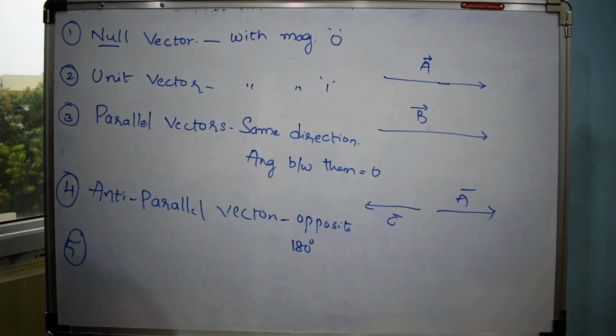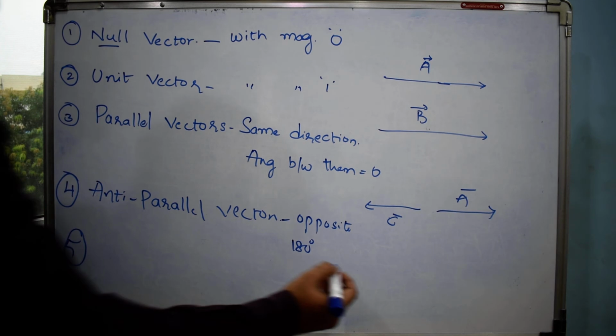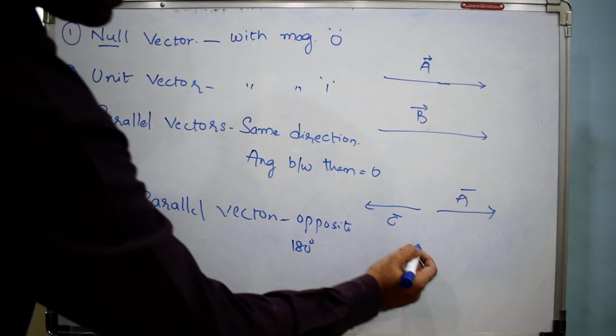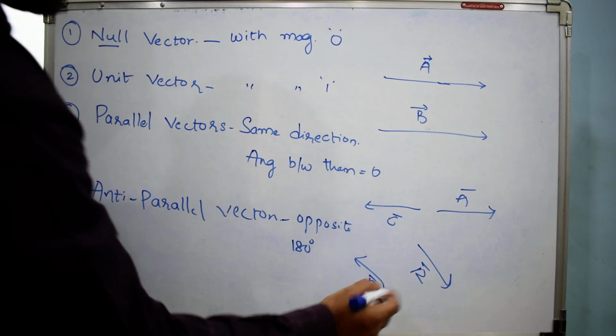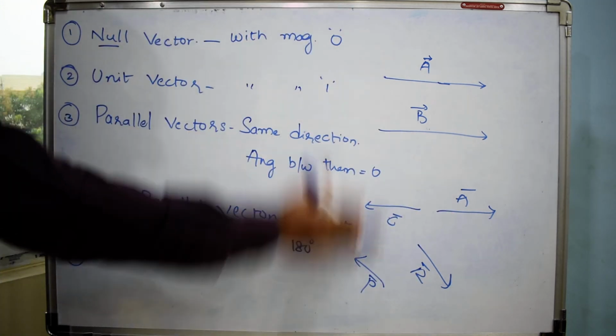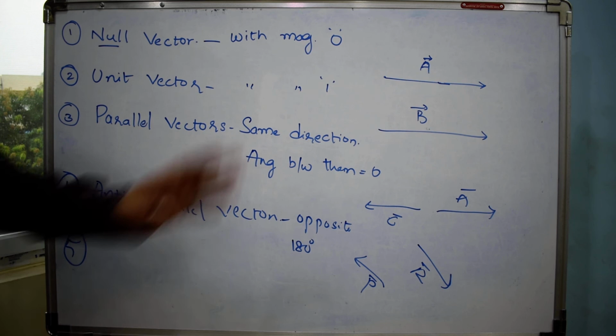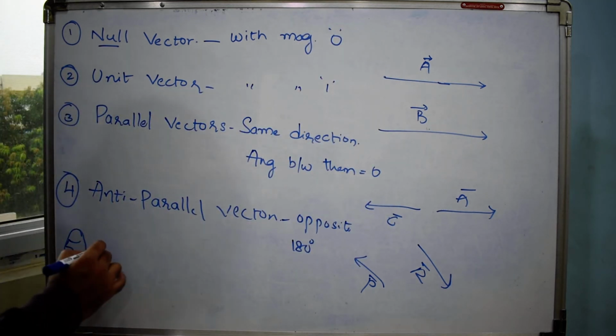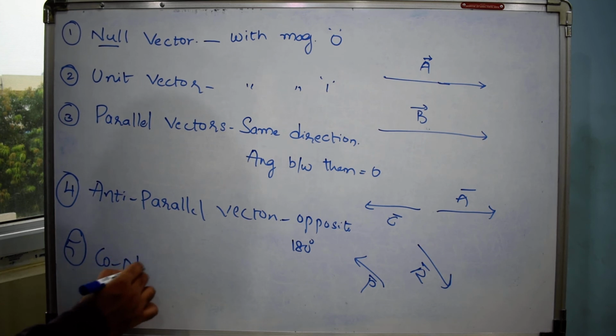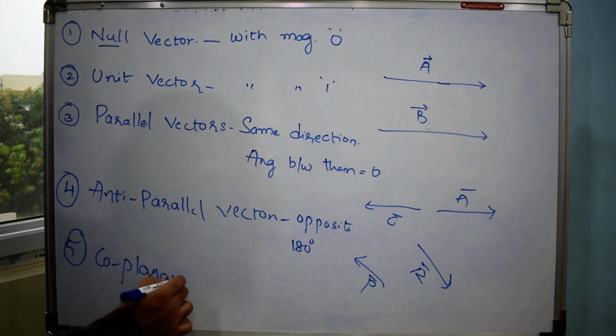If you have more than two vectors and they lie in the same plane, for example, if I have three vectors, A bar, C bar, R bar, P bar, all in the plane of this board, then I can call such vectors coplanar vectors, being in the same plane.